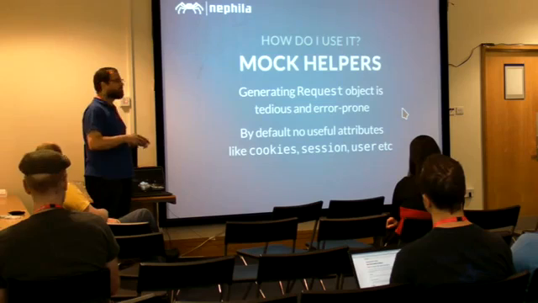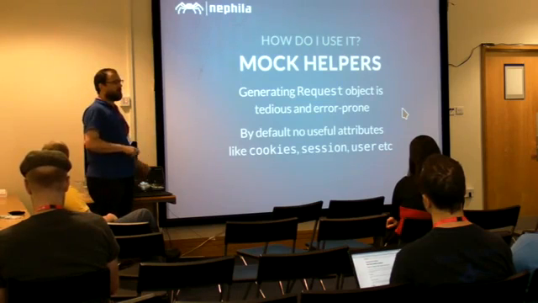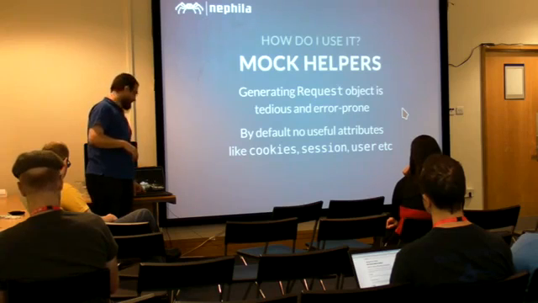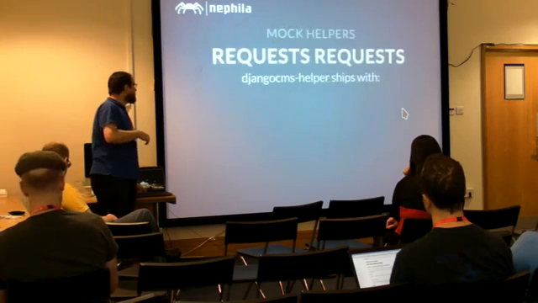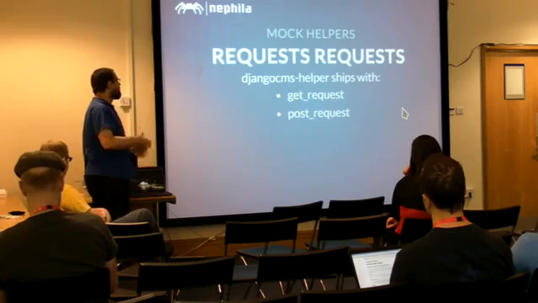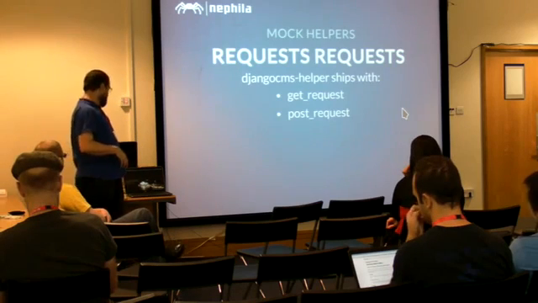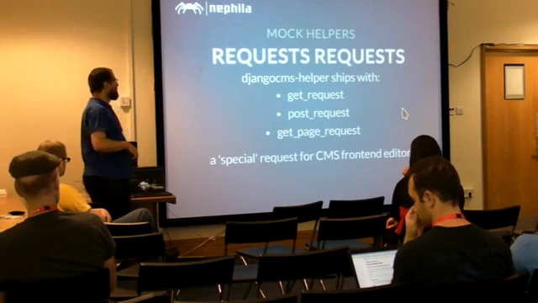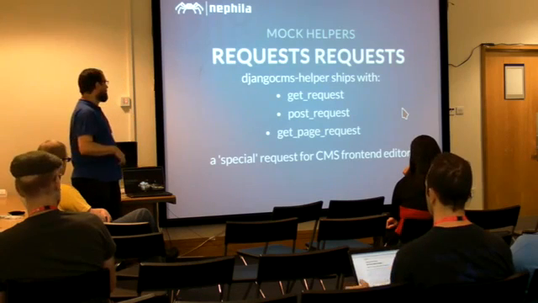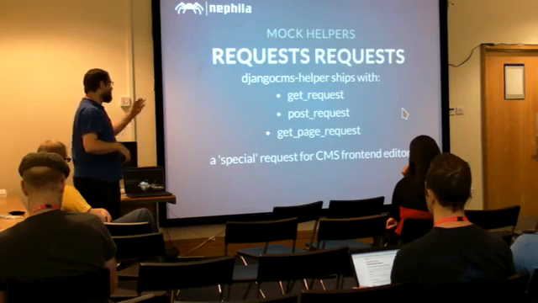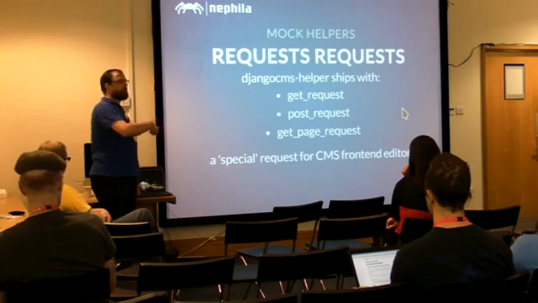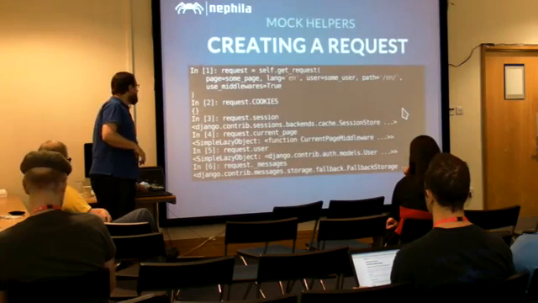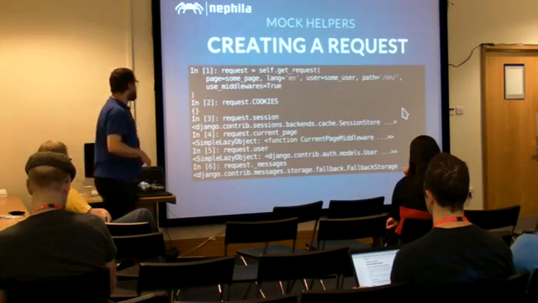By default, Django provides a very raw and minimal request object. Django CMS helper has richer requests, so you have get and post, and then this special request object made for Django CMS, basically for interacting with the Django CMS front-end editor. And using them is very straightforward.